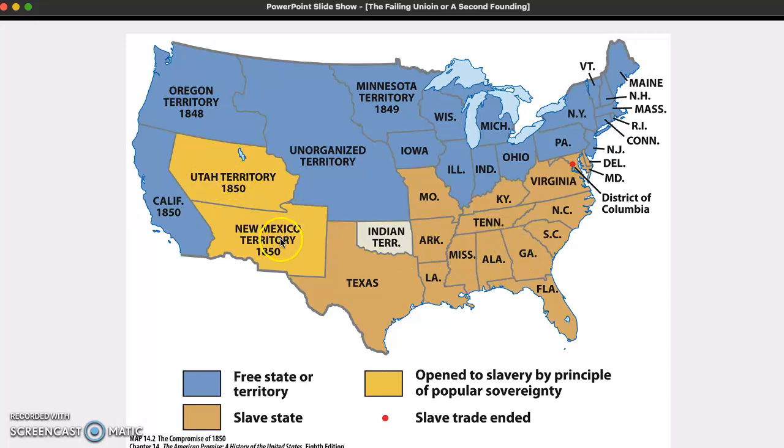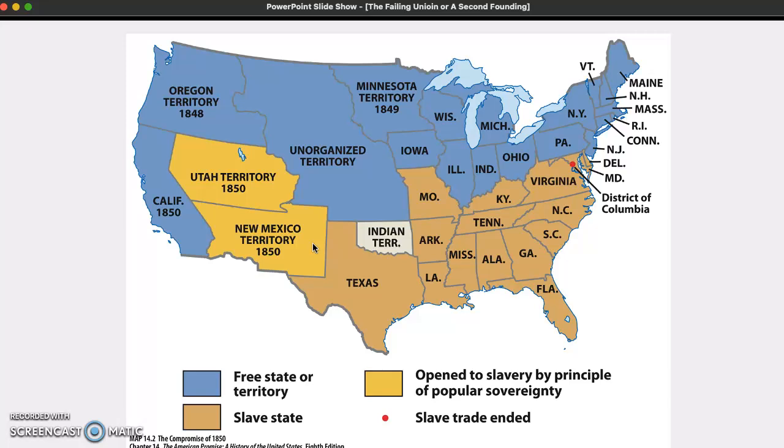But these particular territories, which had been opened as a direct result of the Mexican-American War, which you approached before looking at this, basically opened a can of worms in the way in which Americans thought about the issue of slavery.